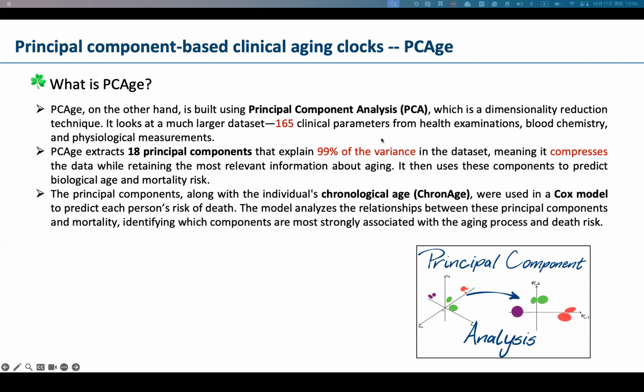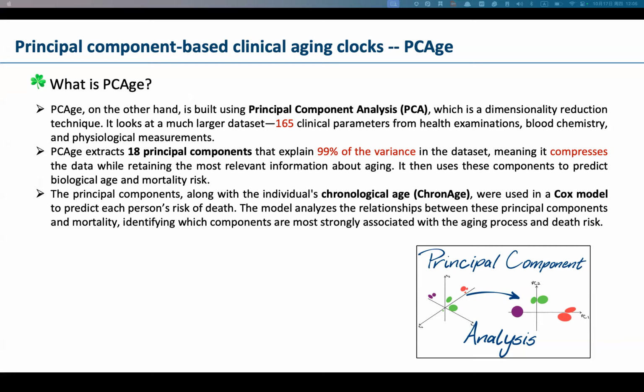We use the Cox model to predict each person's risk of death. Yes, the Cox model. It's a traditional clinical model. A simple description of the Cox model is that it includes whether someone died and when they died: time to event plus binary death.